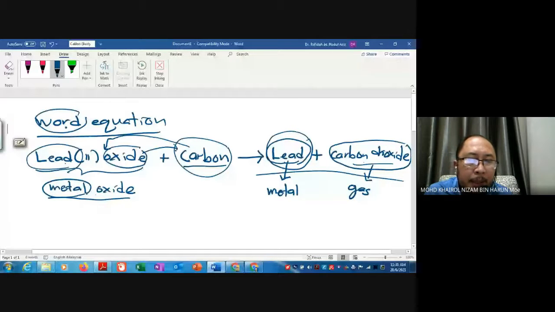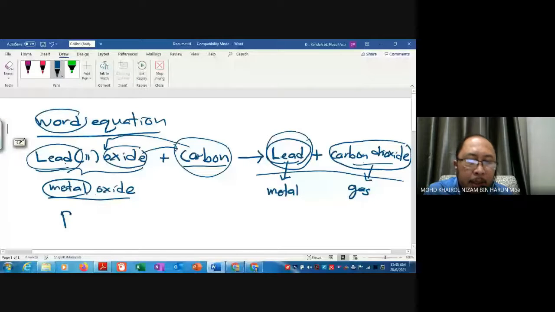For example, lead oxide, exactly the symbol is PbO, lead and oxygen. Lead oxide reacts with carbon, the symbol is C, and lead is Pb, plus carbon dioxide gas, CO2.